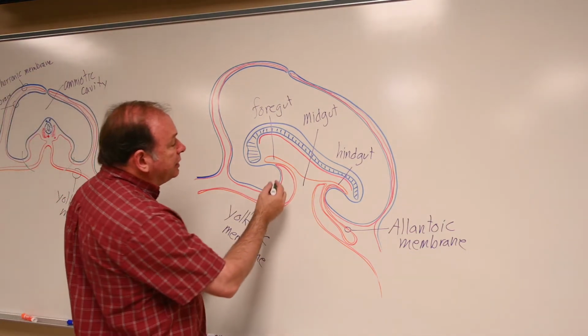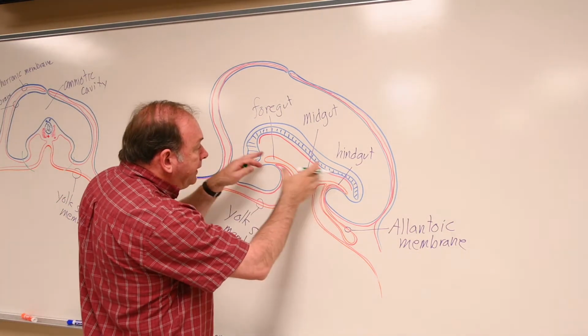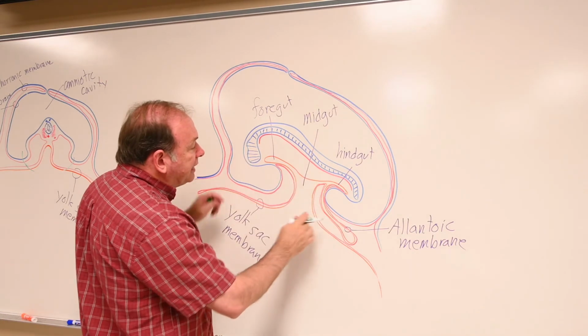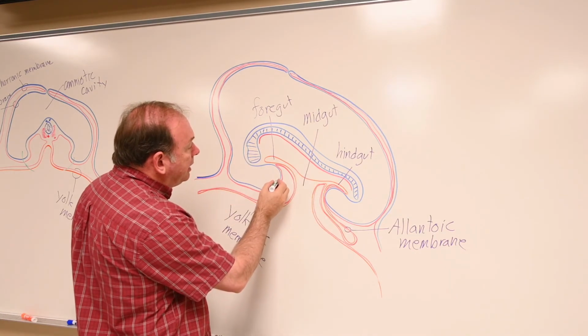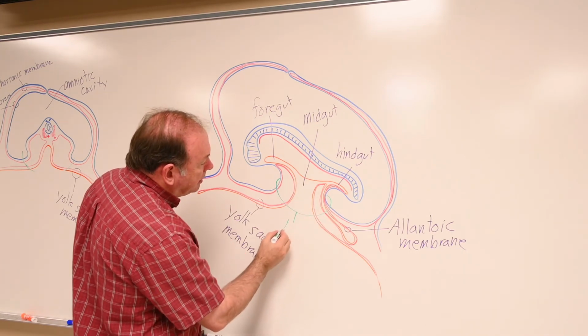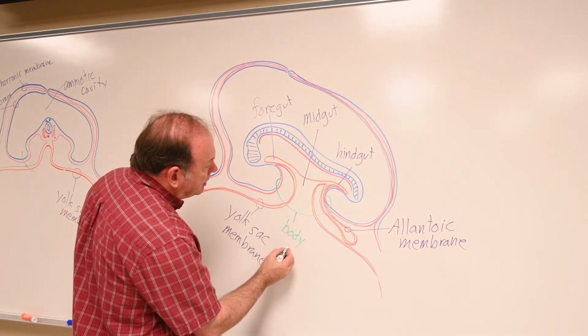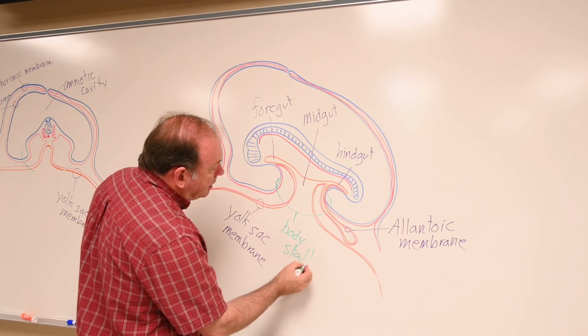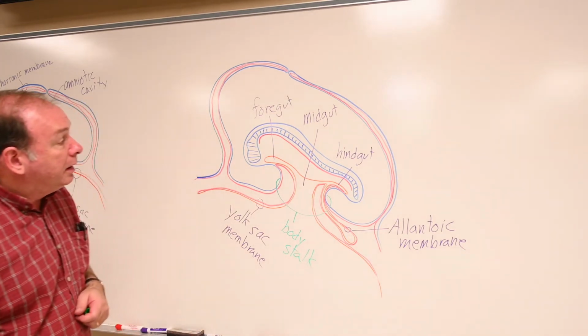Now this connection around from the embryo to all these extra embryonic membranes right here is referred to as a body stalk. The body stalk, right there.